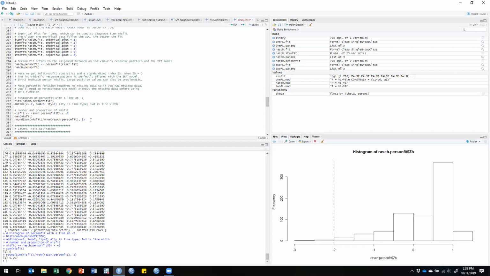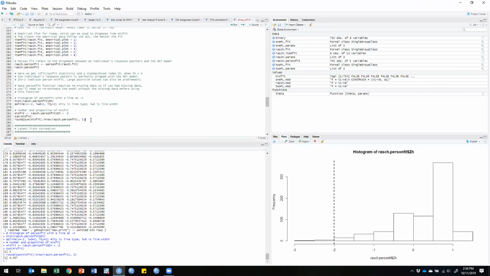But if you were doing it in an IRT framework, you would say the 1PL model doesn't fit the data very well. Does allowing items to have different discrimination fit the data better?